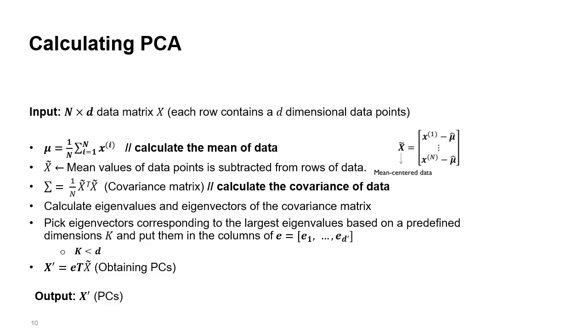Calculate the covariance of data. Calculate eigenvalues and eigenvectors of the covariance matrix. Pick eigenvectors corresponding to the largest eigenvalues based on a predefined dimension k and put them in the columns of E such that k is less than d. The resulting output, x prime, is the PC.